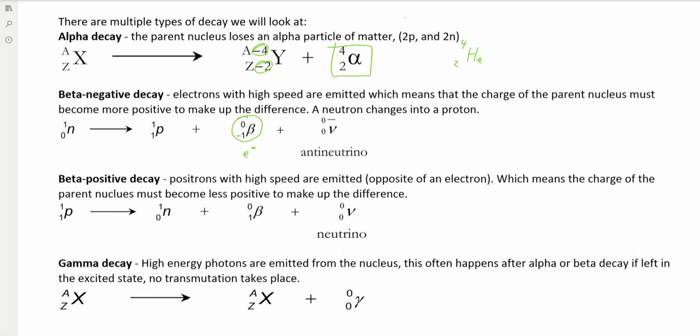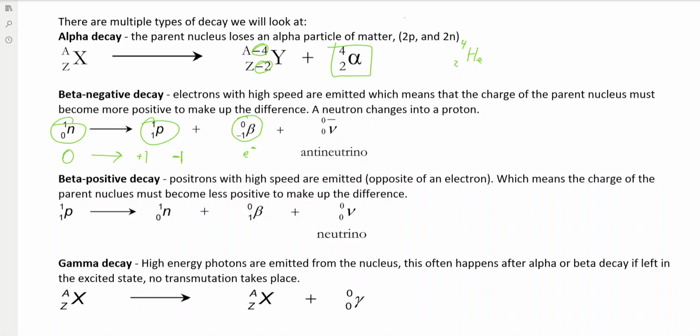So a neutron turns into a proton, and when it does that, it shoots off an electron so that the charges still line up with what they were before. So before it was neutral, and after it was a +1 and a -1. And +1 and -1 together are neutral. So the charges are now conserved, and this is important.